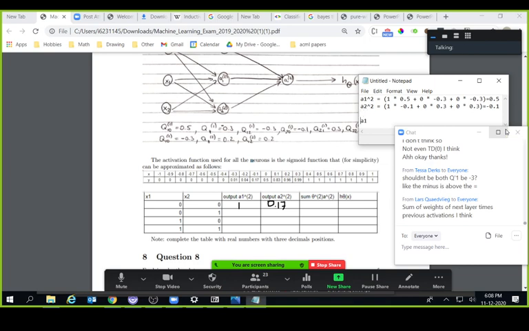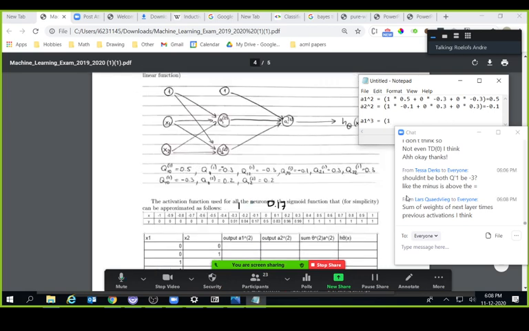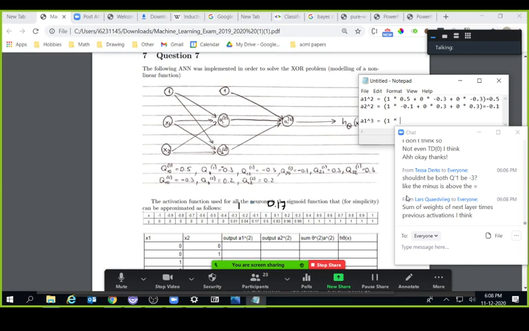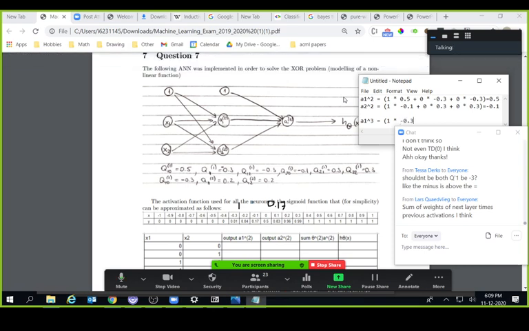Right, so then we have the A1. I'm gonna do it on a new line. A13 is, okay, so the bias unit doesn't change, it always gives 1. It's gonna be 1 times minus 0.3 plus 0.2, oh, plus, yeah, plus, right.